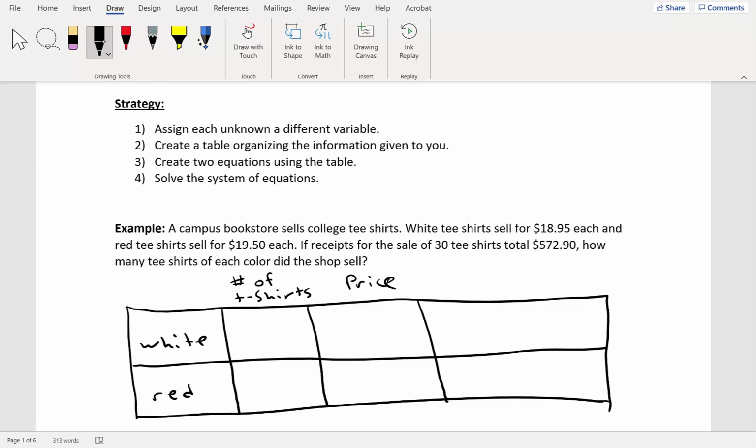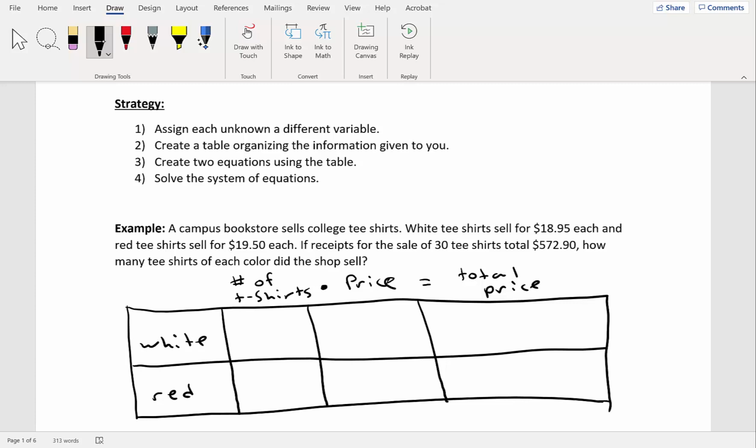And then our third column, this would be the total price for the certain amount of t-shirts that were sold. Okay, so number of t-shirts times the price of each t-shirt. This has to be equal to the total price of that specific color.